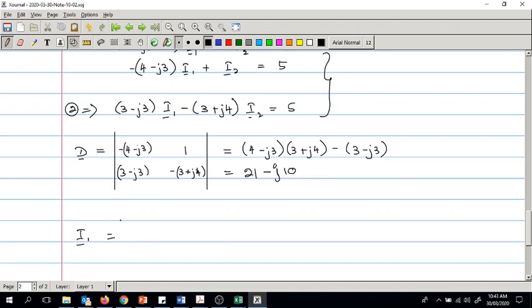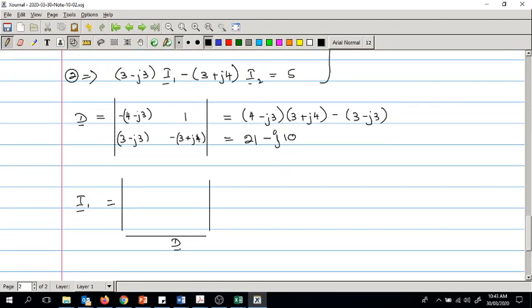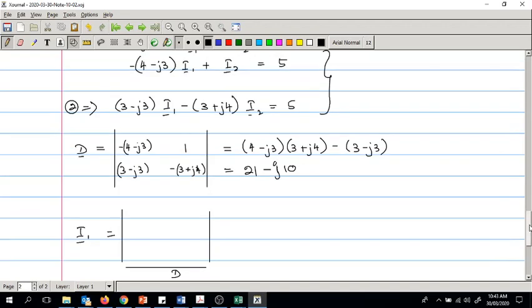Now what is I1? I1 is, you replace the coefficients and divide by D, right? So replace the first column by the two constants, those are 5 and 5.